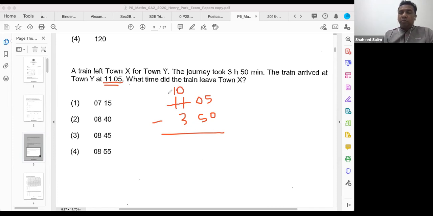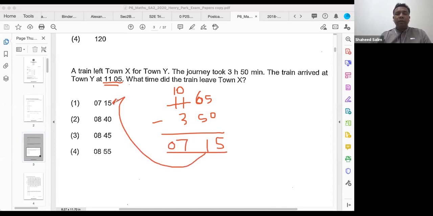You are left with 10 hours, and 5 plus 60 is 65. 65 minus 50 gets 15, and 10 minus 3 is 7. So 0715.